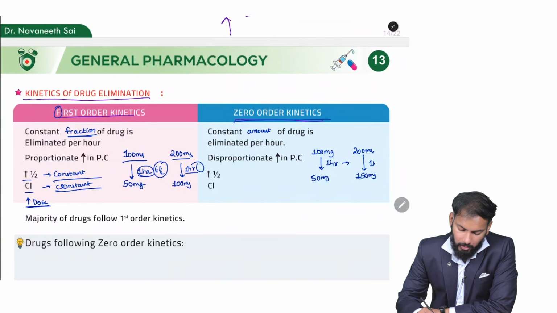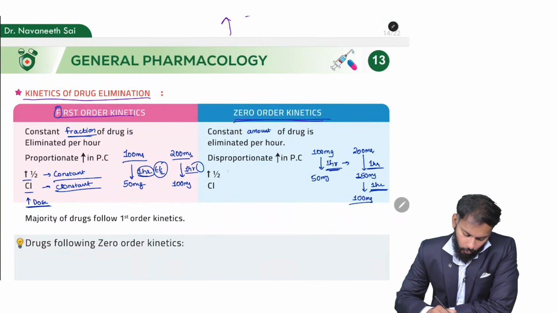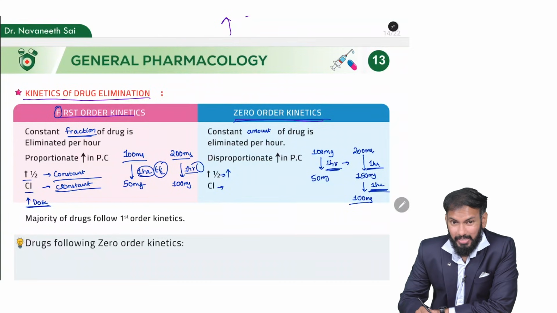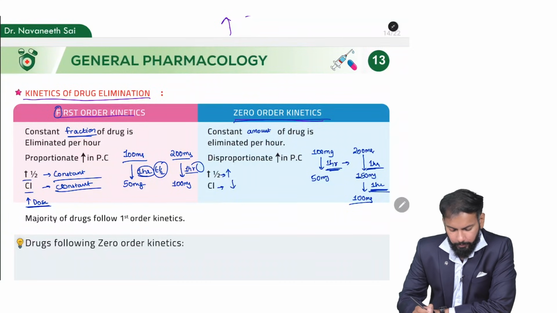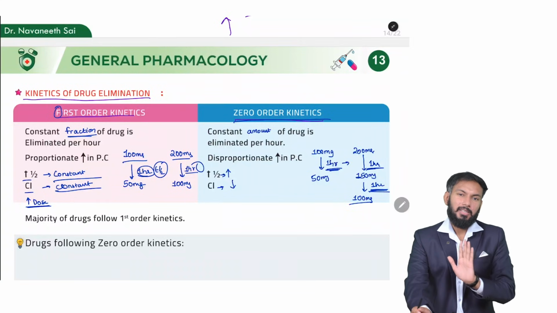In the next 1 hour, another 50 will be excreted and it will become 100 mg. So what happened to the T half? T half is increased. So if you increase the dose, T half will increase. Why? Because clearance is reduced.